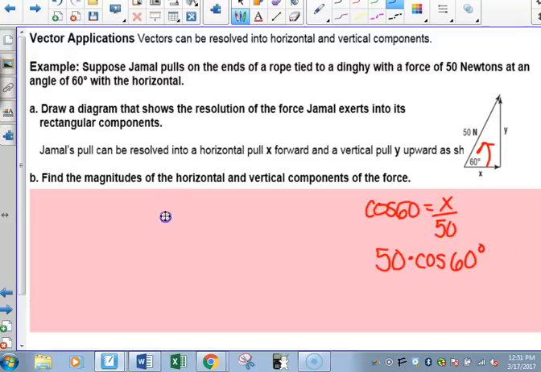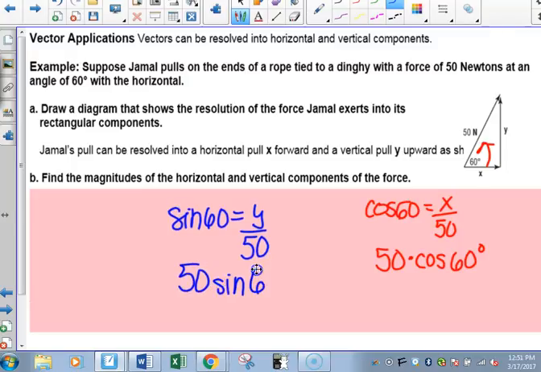When you do the y, you would have sine of 60 equals opposite over hypotenuse, or the magnitude of the vector times the sine of the angle will give you the vertical component. This is always true as long as you are using an angle with the x-axis. If you were to draw this differently, does this make sense?